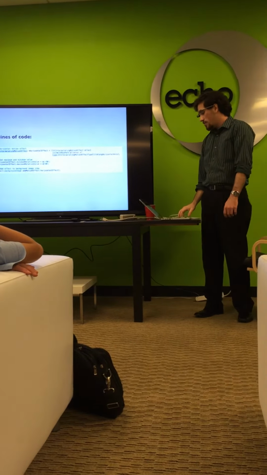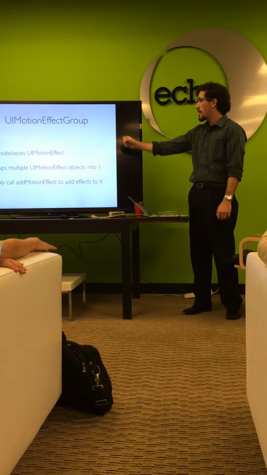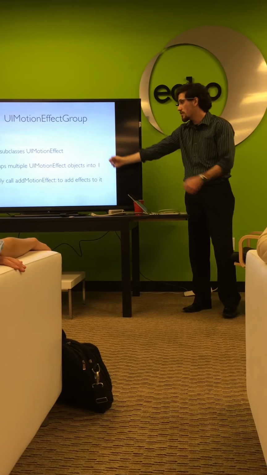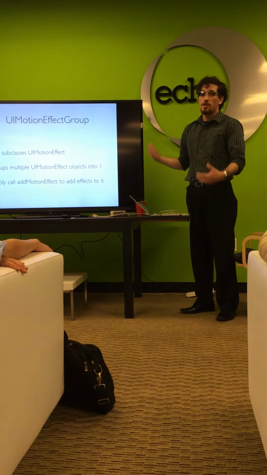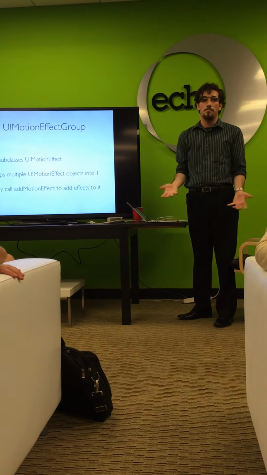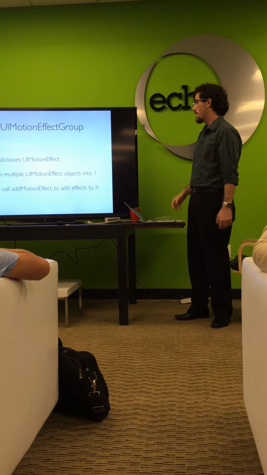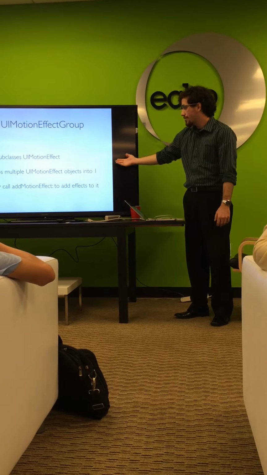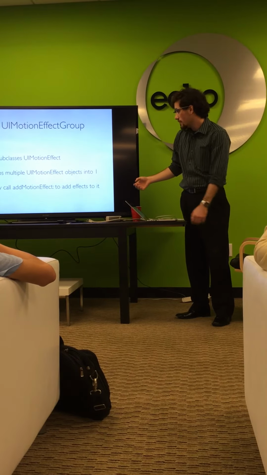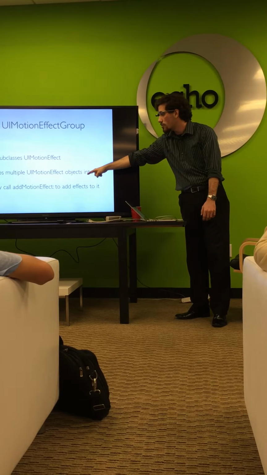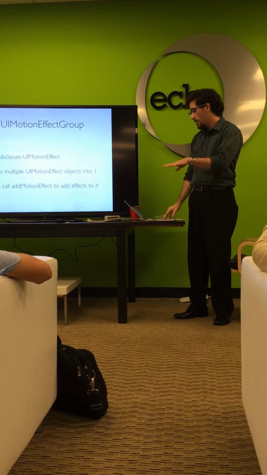To be able to do that, you have to create a UIMotionEffectGroup, which also subclasses UIMotionEffect. It pretty much works as a wrapper around multiple other motion effects that you created, and encapsulates them into one. You just instantiate it and add the motion effects.